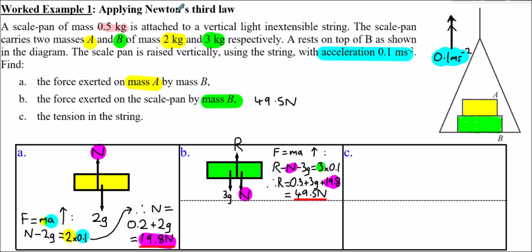And I did mention, of course, once again, that there's another way of doing this. What we could do as an alternative is consider forces on A and B combined. So if we did that, I'm just going to call this big blob here AB.